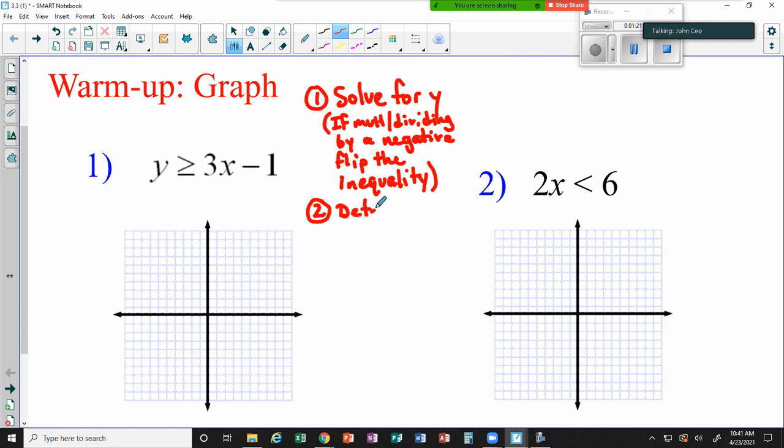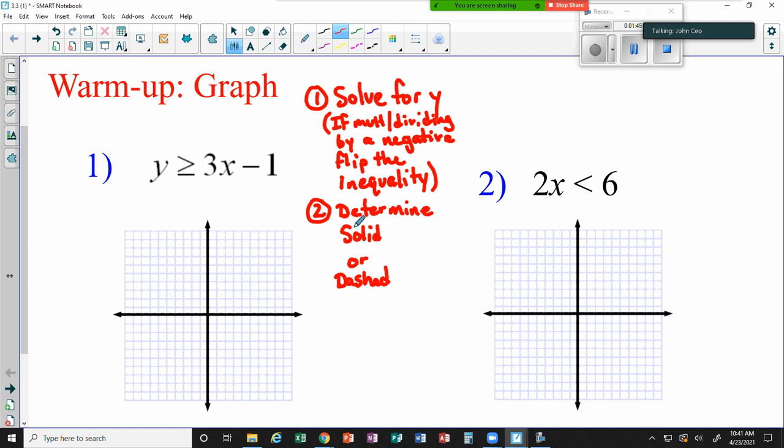solid or dashed line. Does anybody remember how to do that? My boundary line, is it going to be solid or dashed?